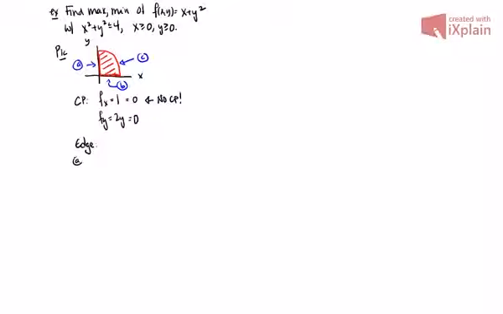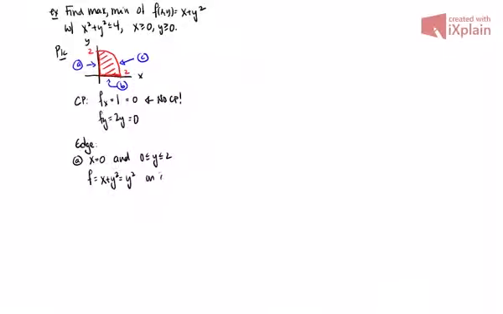So when we do A, keep in mind this circle is radius 2, so this goes to 2 and 2. On A, x equals 0, and y is between -2 and 2. So f, which is x plus y squared, is 0 plus y squared, or y squared.